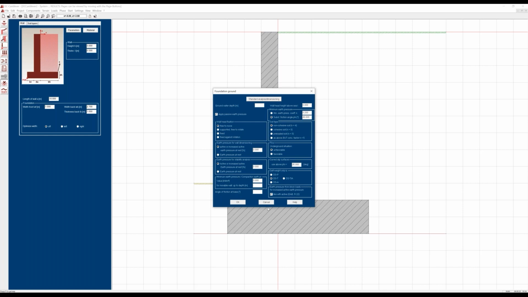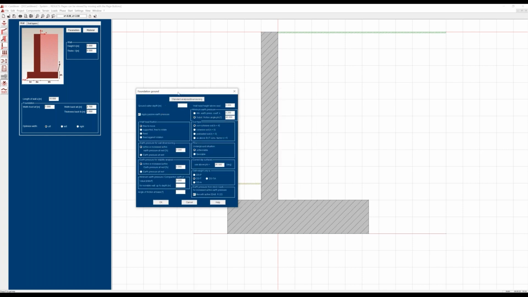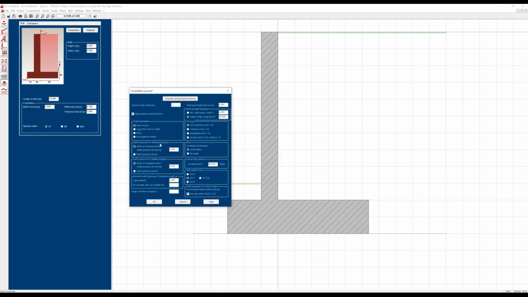There is one thing special for the cantilever walls. We have two types of earth pressures that we can use. One is especially for the wall dimensioning, which means we have the wall which is fixed here in the footing, and we have an earth pressure here on this wall. This cantilever is fixed. This wall will not move very much.